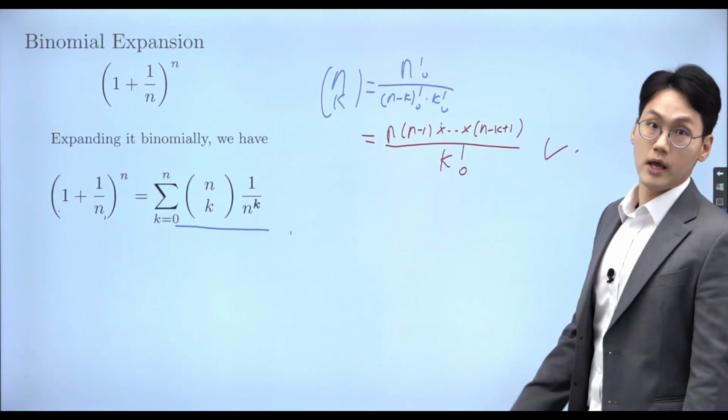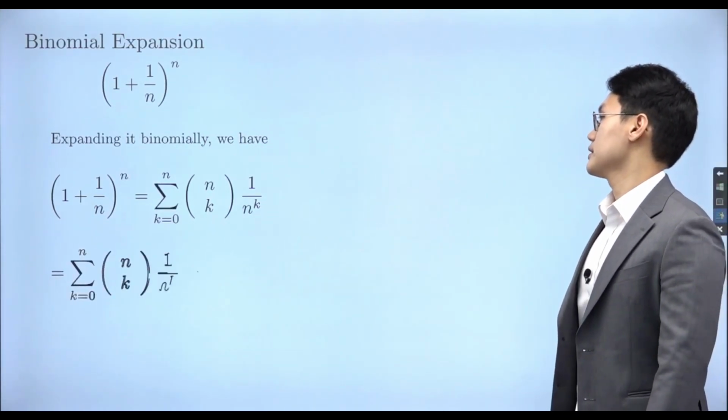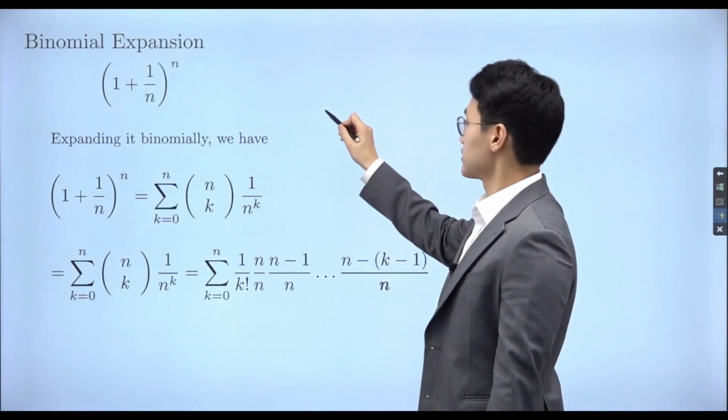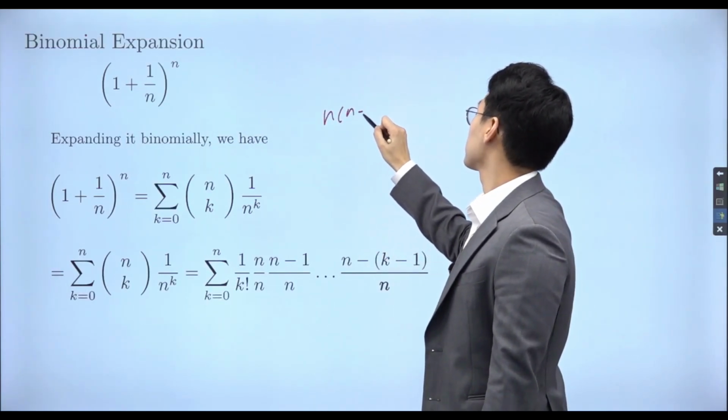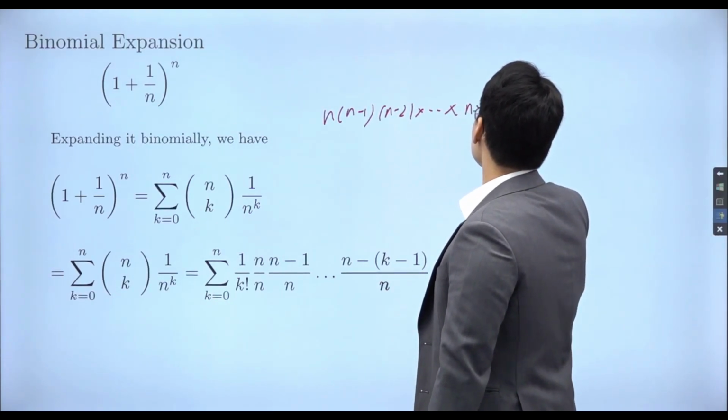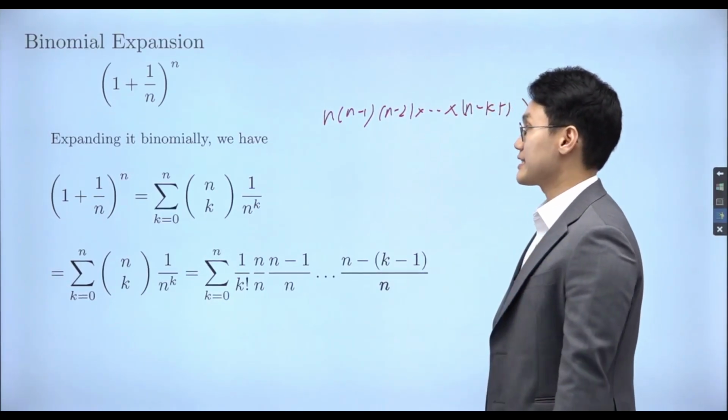So that's the typical one, and that's the form I'm going to use on my series here. So that's the binomial coefficient.